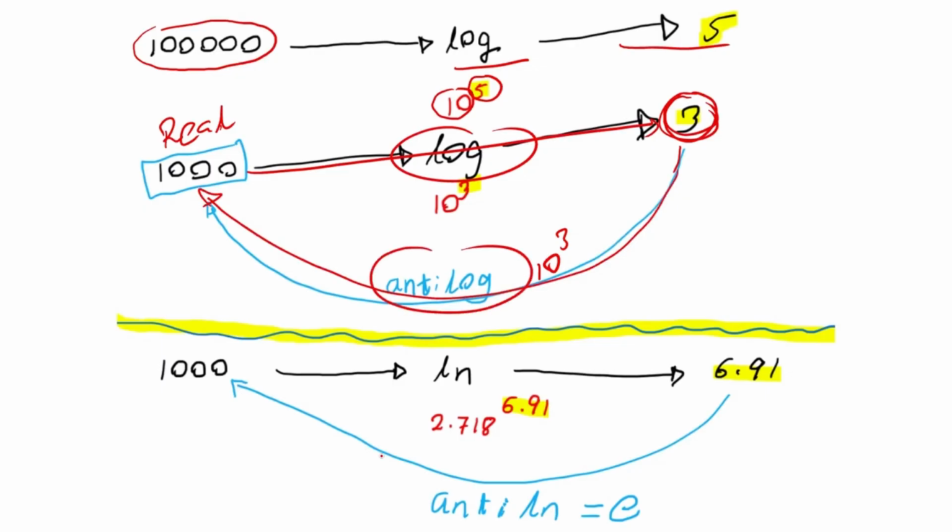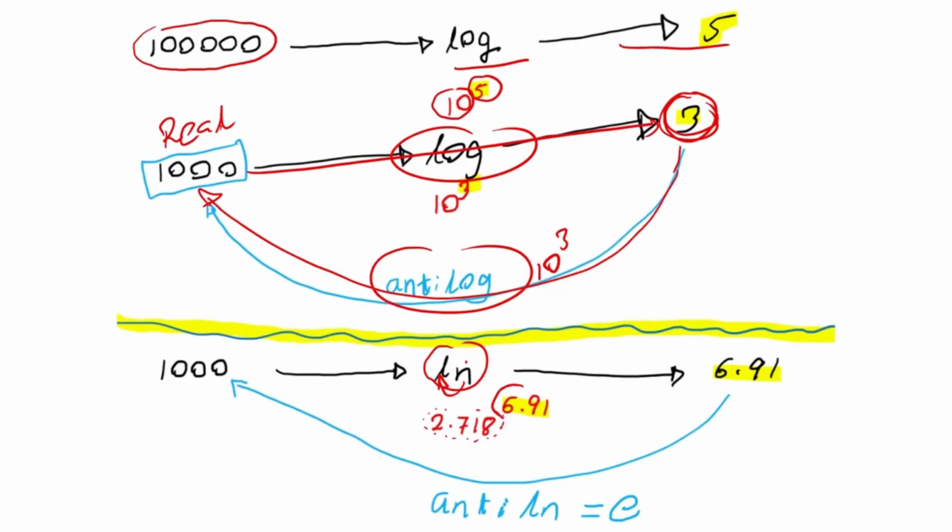Now mathematicians don't have only this log, they have another one called natural log, which they call ln. In there, the base is a little bit weird. It's not 10 or a whole number. It's like 2.718. I'm not sure whether this number is correct, but it's a 2 point something number.